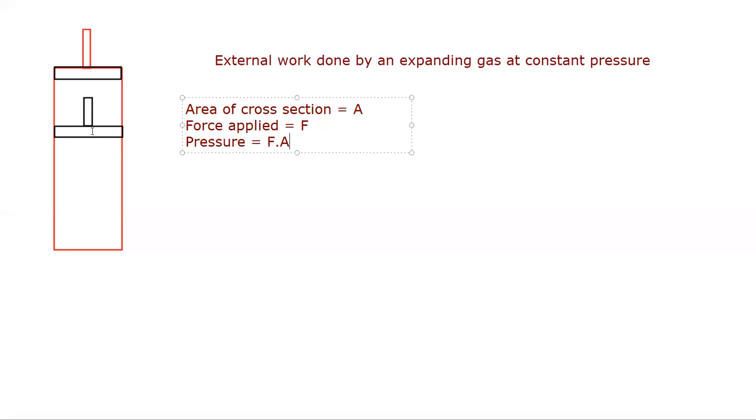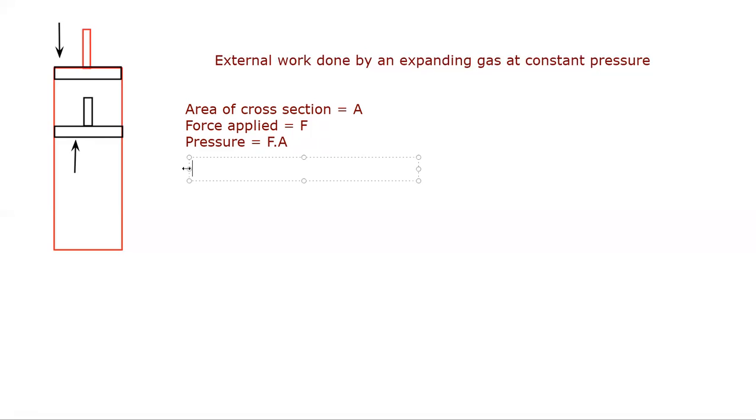Suppose initially we are giving a pressure on the gas in this direction, right? The gas itself will apply a pressure on the piston in this direction. So the value of this force which the gas applies on the piston is the same, so force is the same, or pressure is the same, because area is constant.